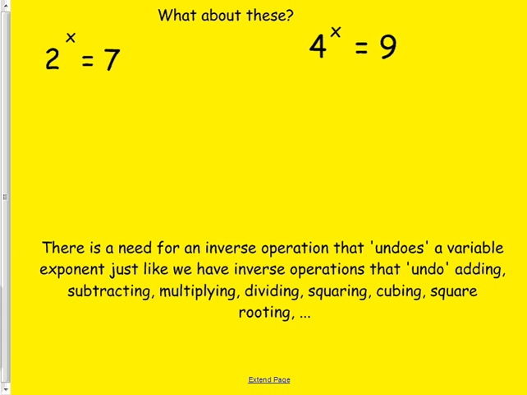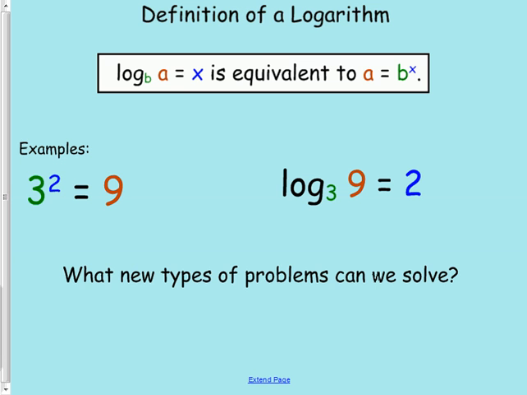So we need an inverse operation that undoes a variable exponent. And that's what logs are. Logs are kind of like the arch nemesis, like divide and multiply. Superman and Lex Luthor. Exponents and logs, they undo each other.